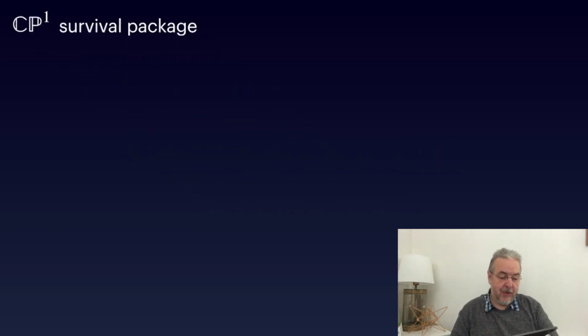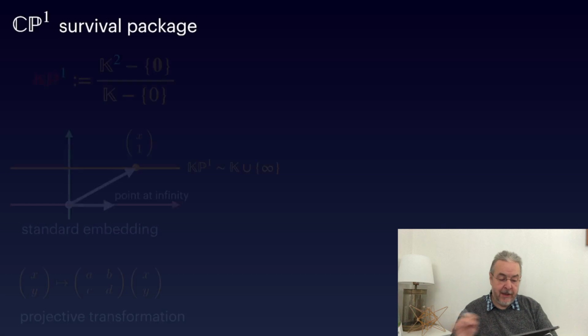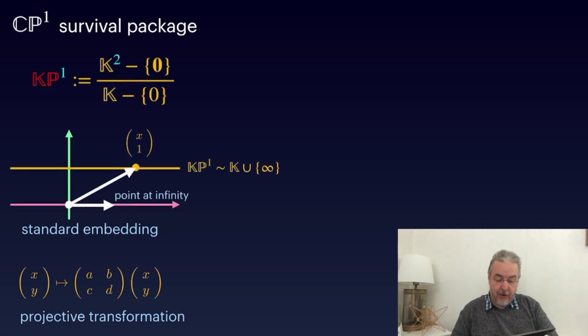So let us start with our CP1 survival package, and let me start with a little repetition of what we already had. These parts here should look familiar to you. It's what we did when we were talking about general projective lines.